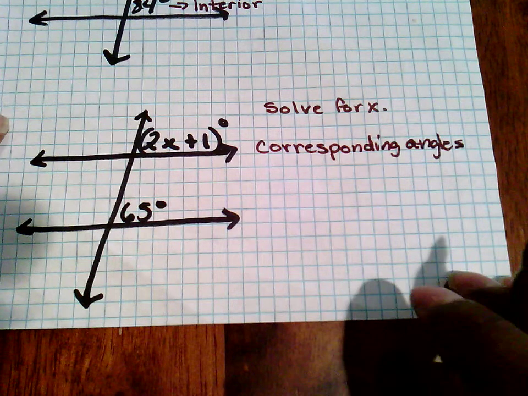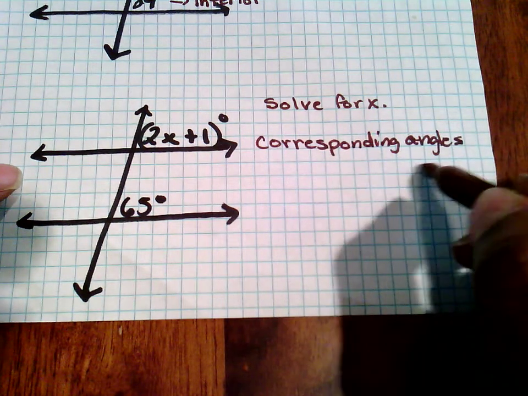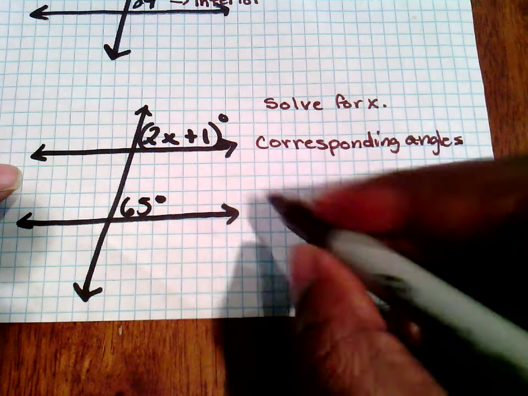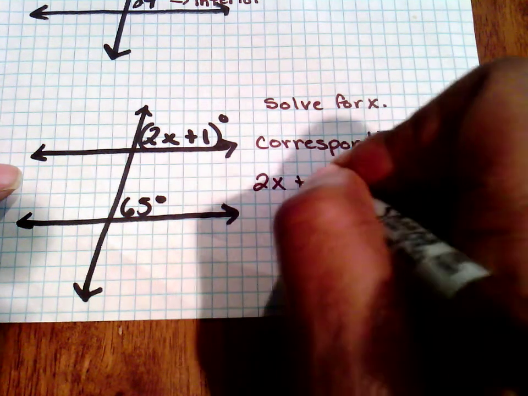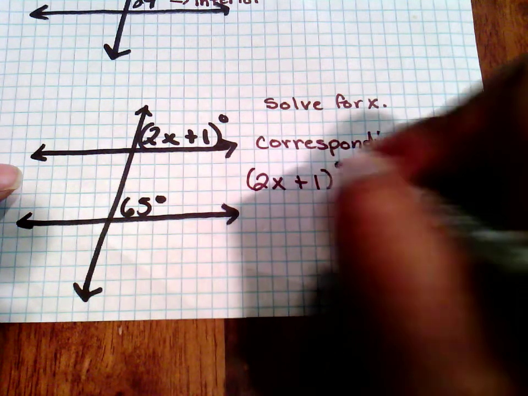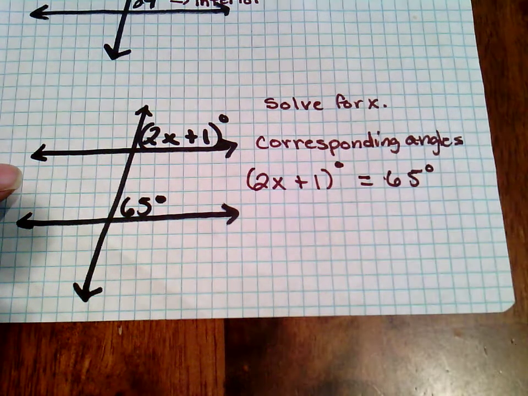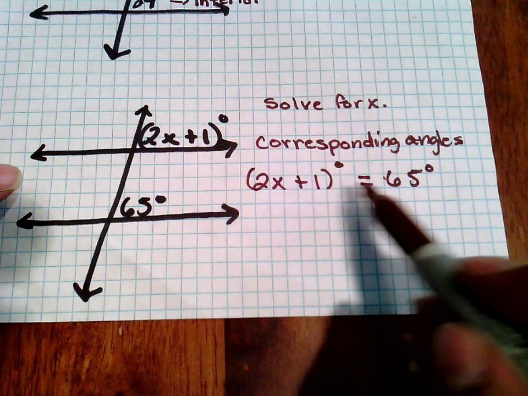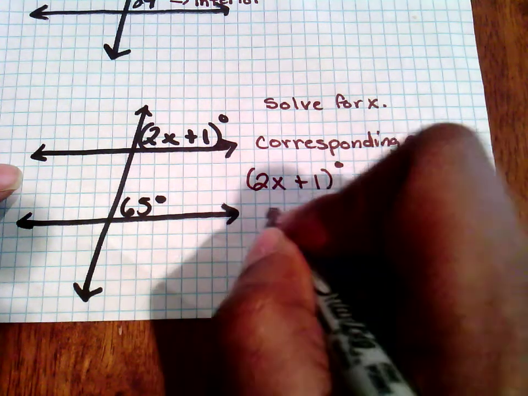Here are the corresponding angles, which means when we have parallel lines, our corresponding angles are equal. So that means that the 2x plus 1 degree angle is equal to the 65 degree angle. So now that we have these two equal, I think we have an equation to solve.